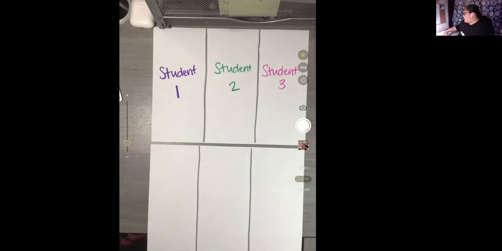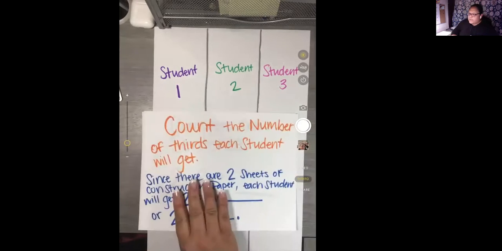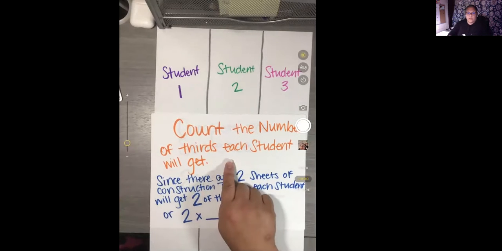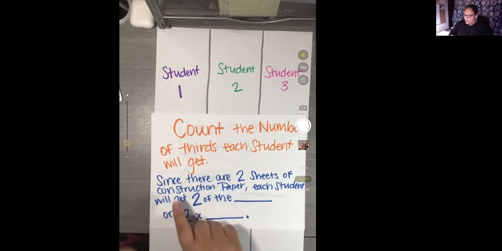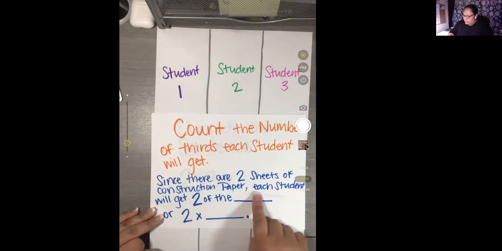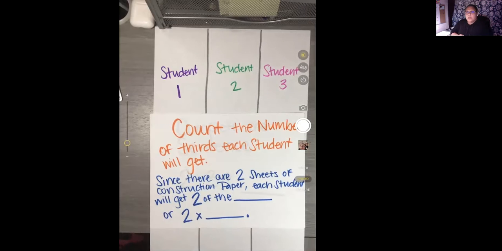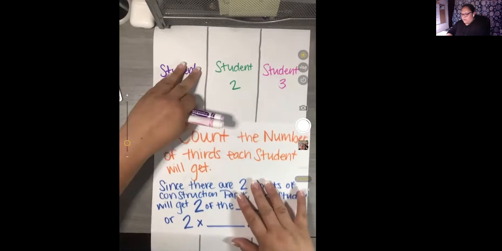So if I were to count the number of thirds each student will get, since there are 2 sheets of construction paper, each student will get 2 of the blank, or 2 times blank. Think about what that might be.